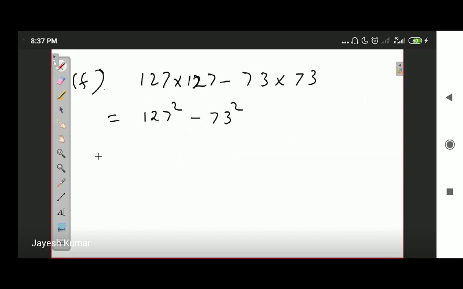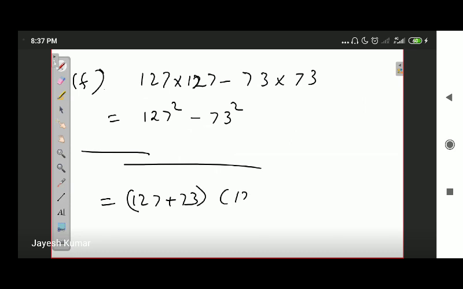You will apply the same formula, a square minus b square equals a plus b into a minus b, and you will rewrite it as 127 plus 73 first of all, and 127 minus 73. 127 plus 73 is 200, and once you subtract, you will get some answer. Multiply it and you will get your correct answer.